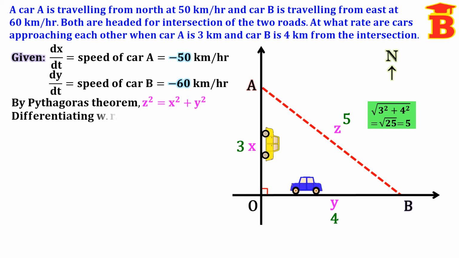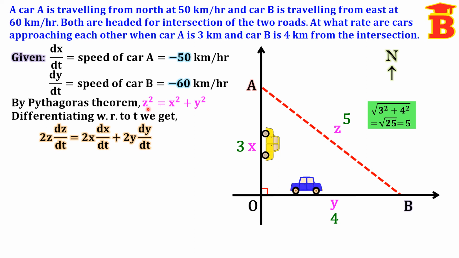Differentiating this with respect to t. So t means time, so we have to differentiate with respect to t only. Now z square differentiation is 2z into dz by dt, because we are differentiating with respect to another variable t. Equal to, on the right side, same formula, square formula only.